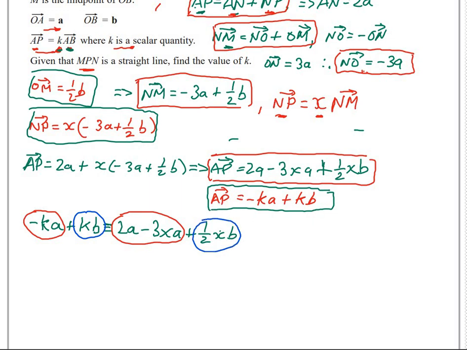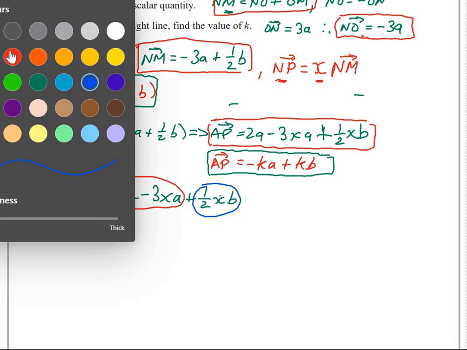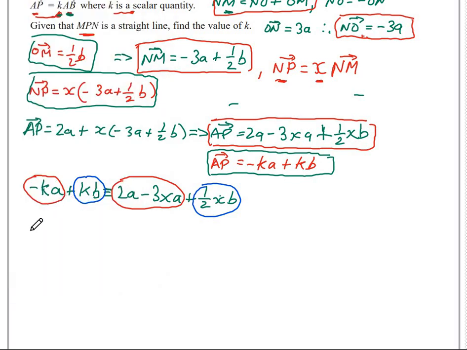So now we can split them and deal with them separately. So minus ka equals 2a minus 3xa, and we also have kb equals half xb. Now we've gone from an identity to an equation.